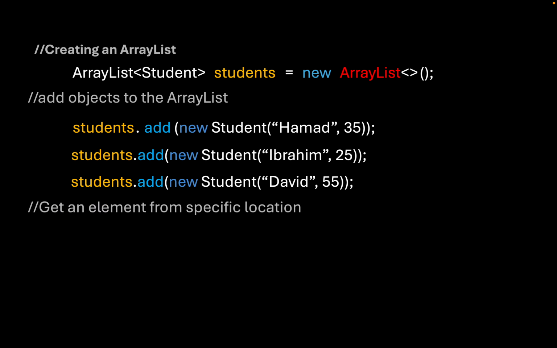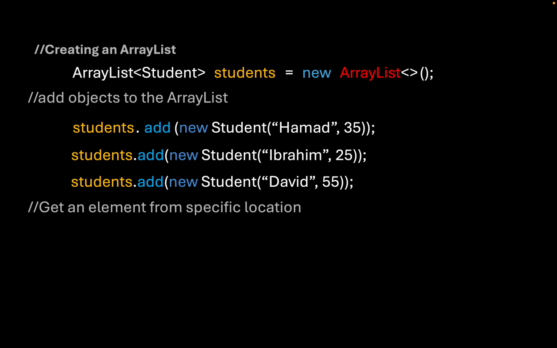Now how can I get an element from a specific location? Assume I want to know the name of the student in location 0 or index 0. So we know this is index 0. This object Hamad is stored in index 0, Ibrahim in index 1, David in index 2. It's similar to a normal array.